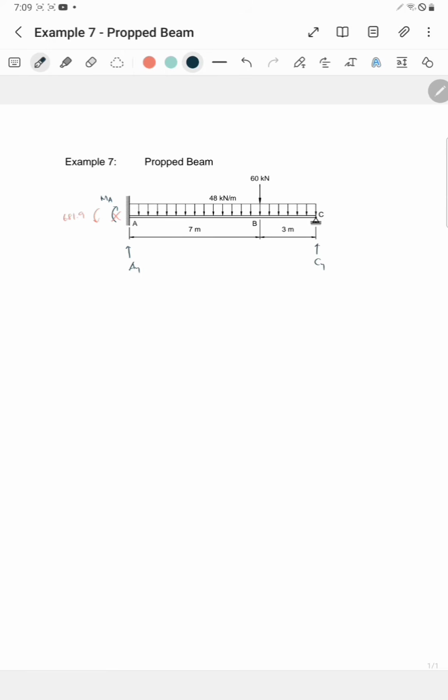Ngayon, mayroon na tayong moment at A. Magagamit na natin siya to solve for the other unknown reactions. At C, we take moment. Moment left equals moment right. Moment left of C is due to AY upward positive, lever arm 10. Due to this moment which is downward, MA, so negative 681.9.